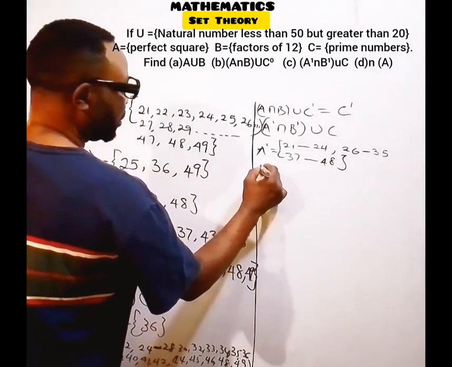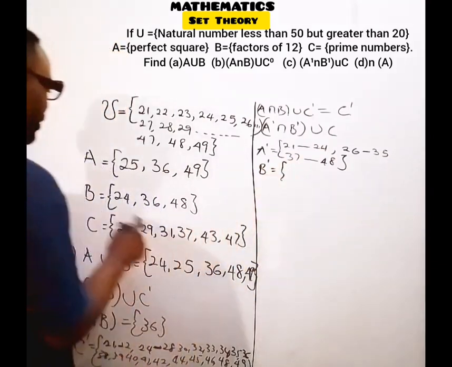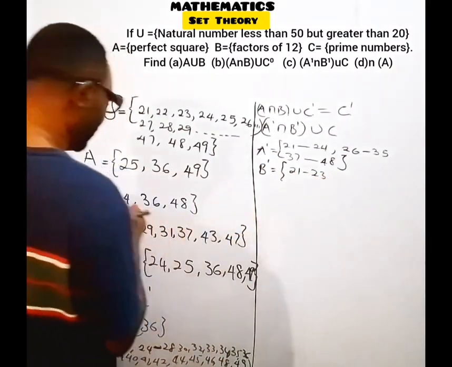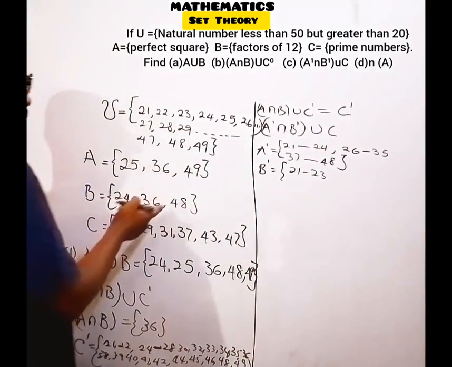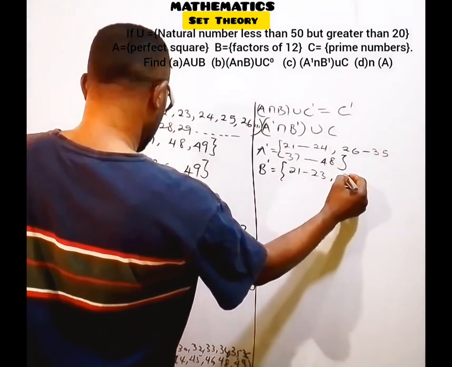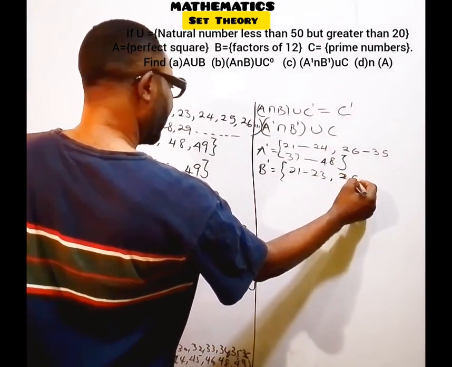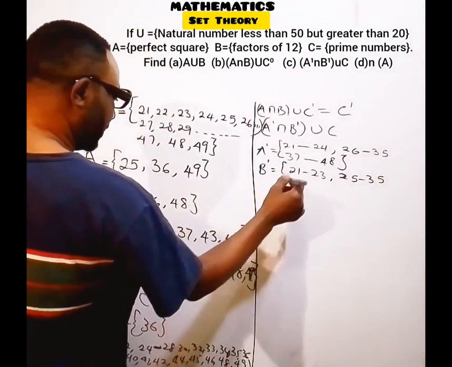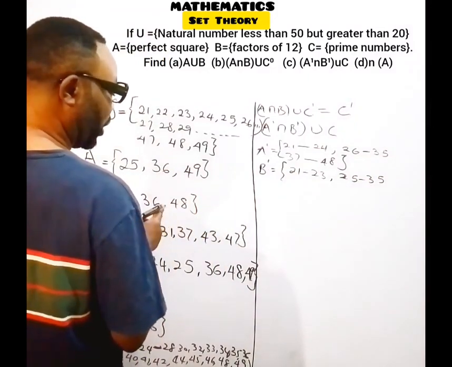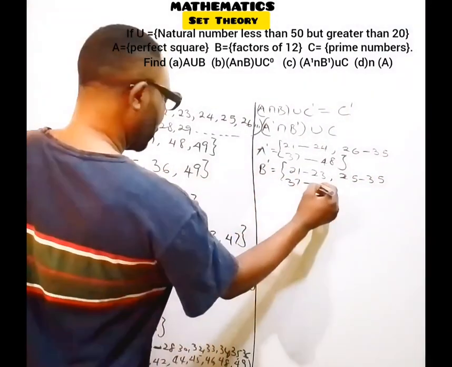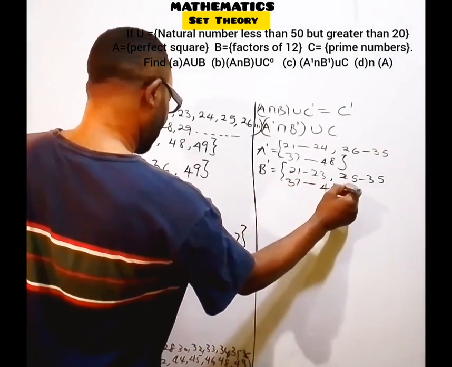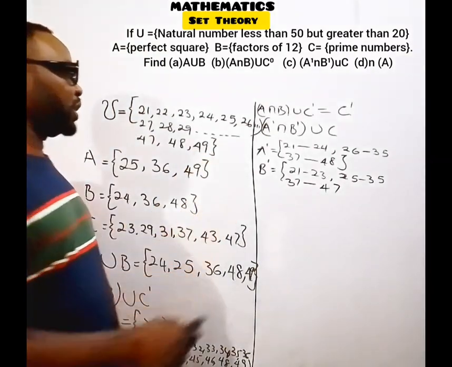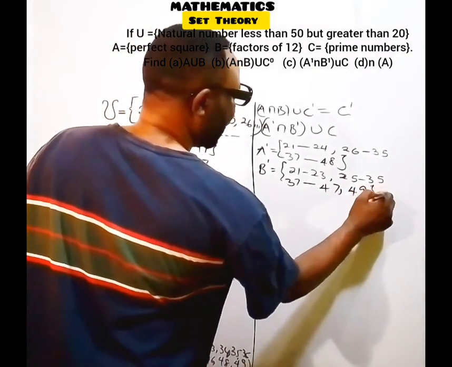Now B complement as well. B complement will be 21 to 23. We have 24 here, so you are not going to include it. Then 25 to 35, then 37 to 47, and after 48, we still have 49. Because of limited space and time, I am shortening it.